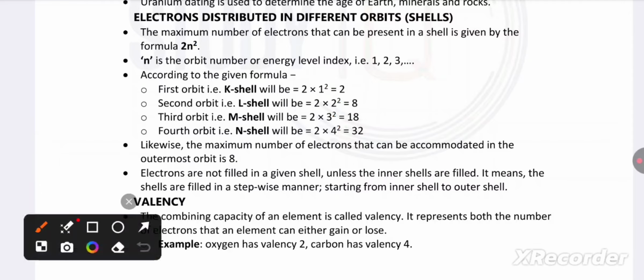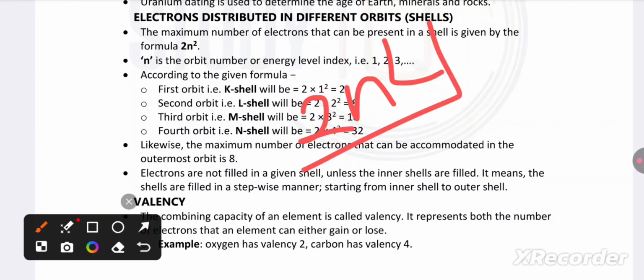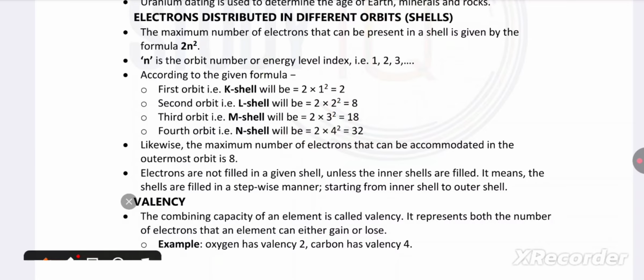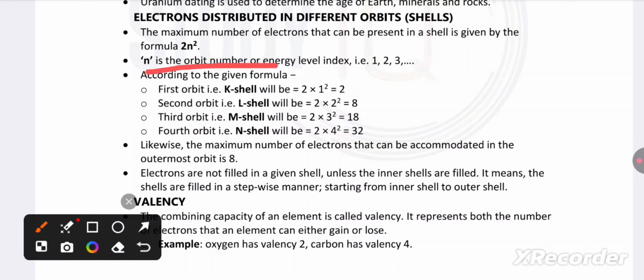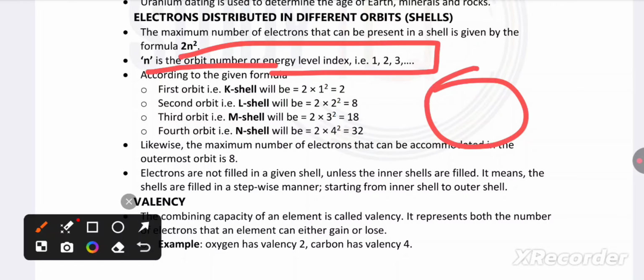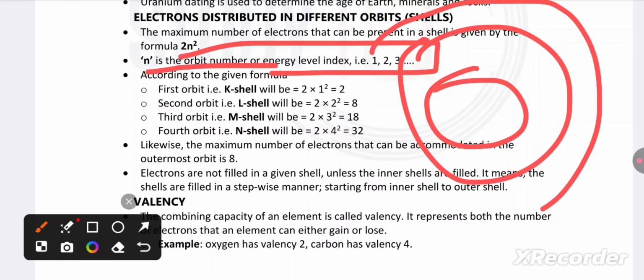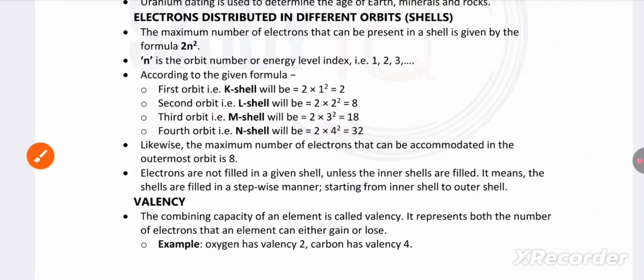The maximum number of electrons that can be present in a shell is given by, as we know, 2n squared. This formula is very important. N is the orbit number or energy level. We know the first shell is n equal to 1, second is n equal to 2, third is n equal to 3, like that.